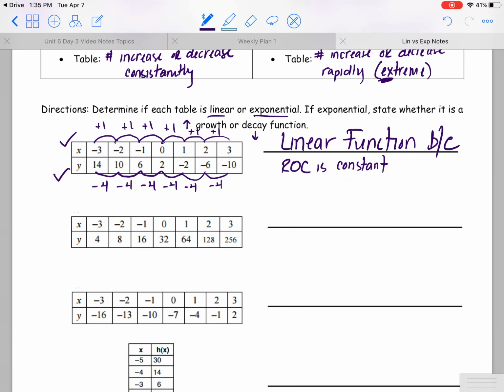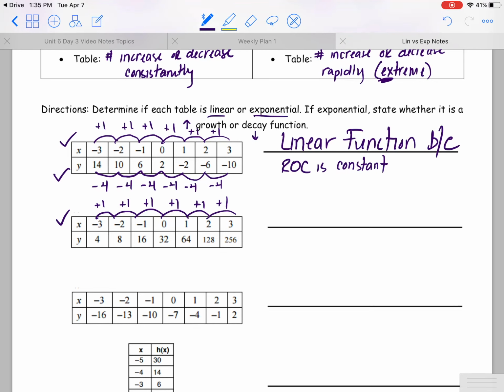All right, let's take a look at the next one. Take a look at your x values and tell me what that change is. This one happens to be very similar to the last one we did, so my x values are good. Now we have to take a look at our y values.